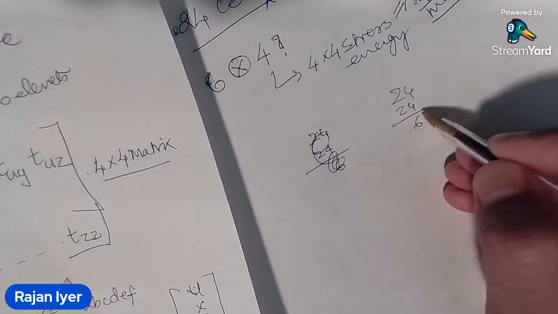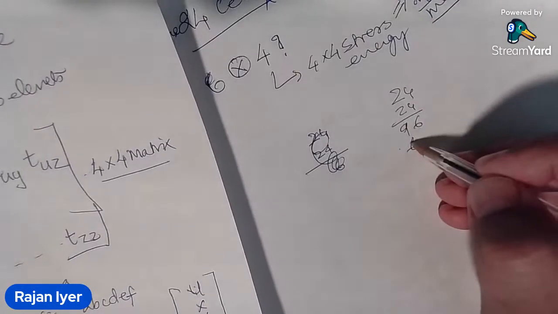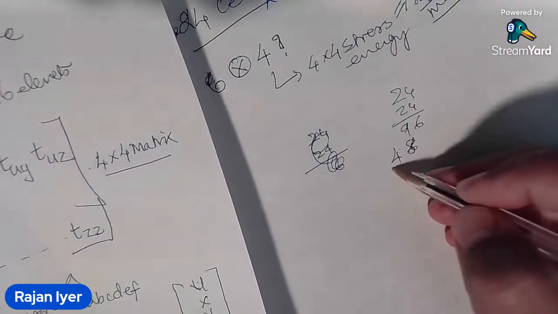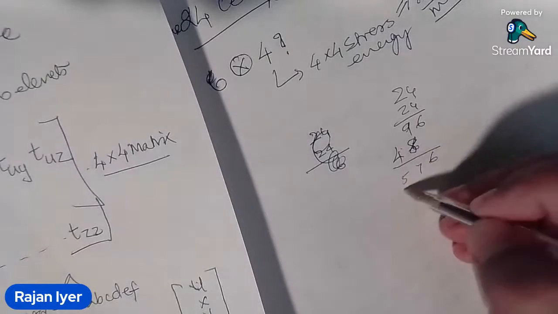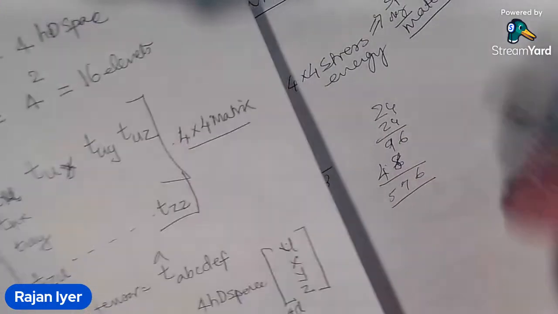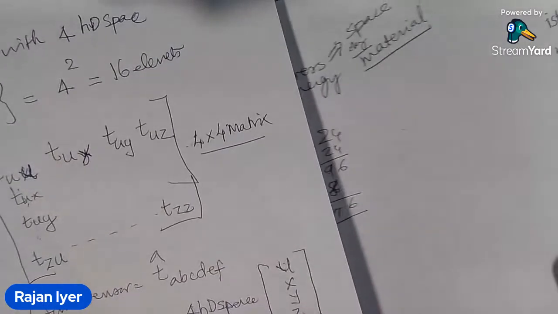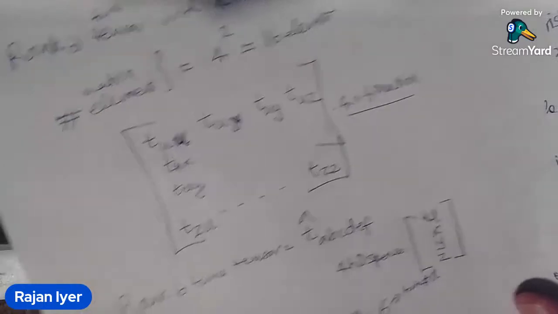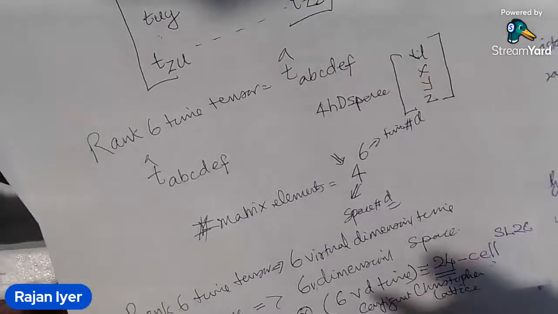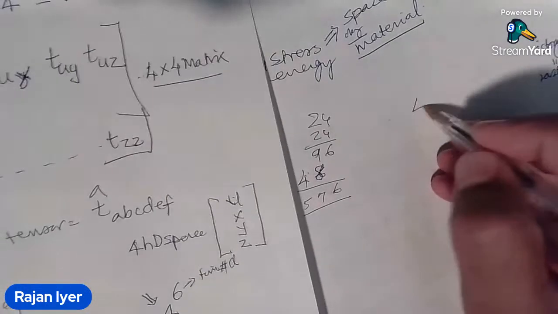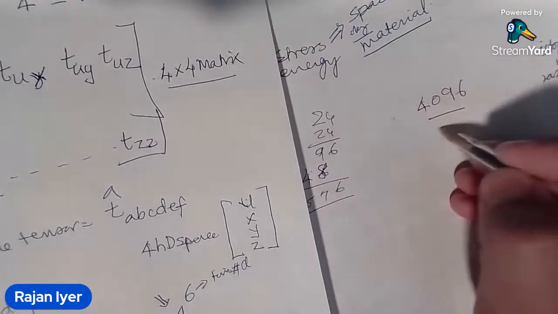I'm calculating 24 squared the old way: 576. I'm trying to see how we get 4,000. So that's the 4 to the power 6. We get 4,096 because 4 to the power of 6 is 4,096. So if we divide 4,096 by 24, what do we get?